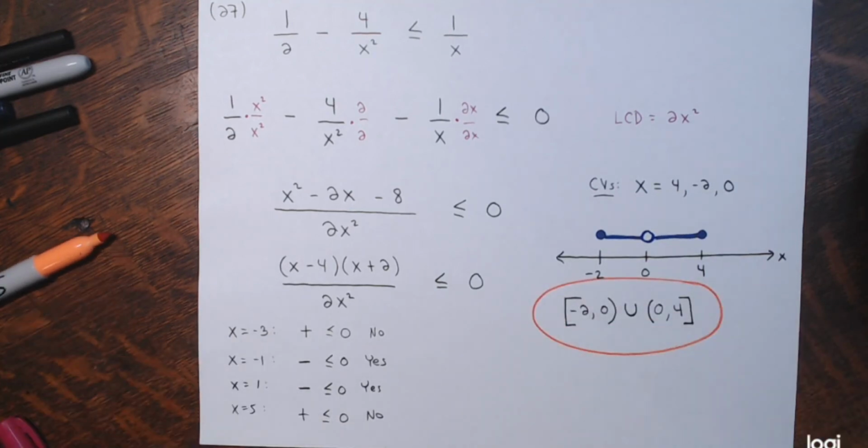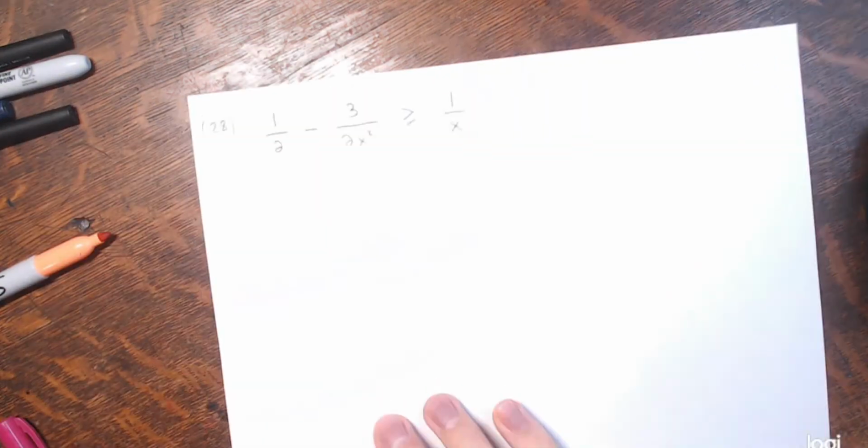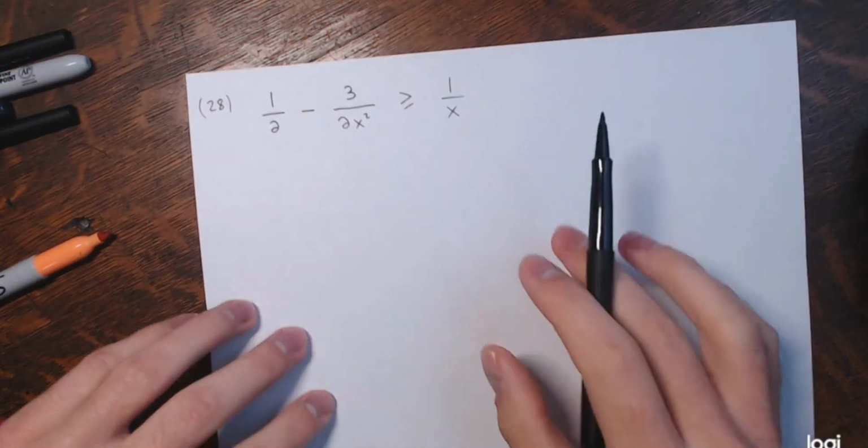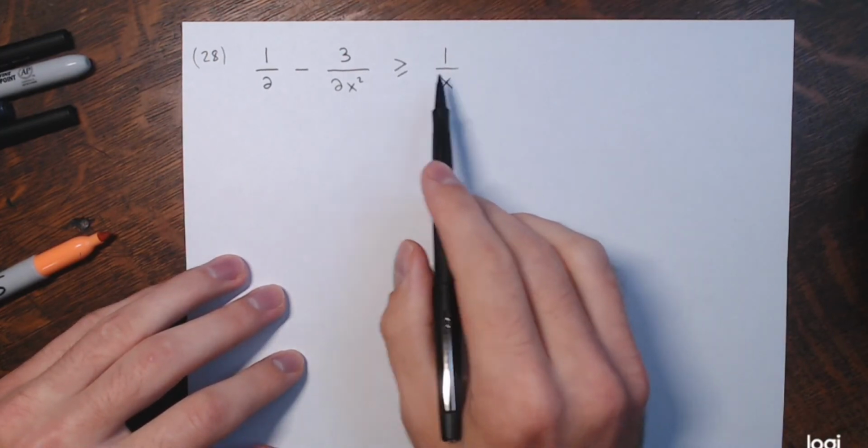Wonderful. All right. Example 28 is pretty similar to this. So once again, I would like 0 on one side. So I'm going to subtract this 1 over x.